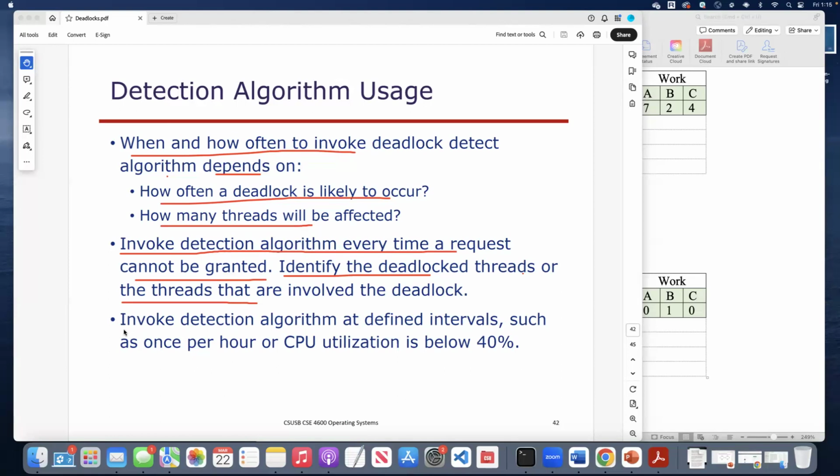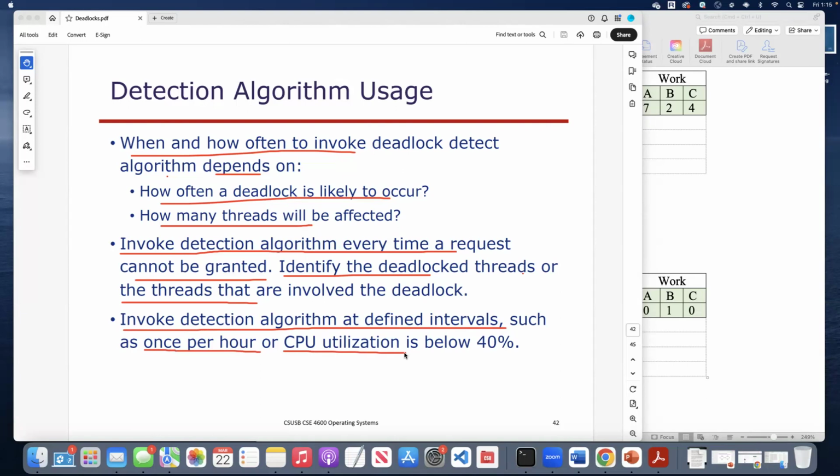The less expensive approach is to simply invoke the deadlock detection algorithm at defined intervals. For example, we invoke the deadlock detection algorithm once per hour, or when the CPU utilization is below 40%.